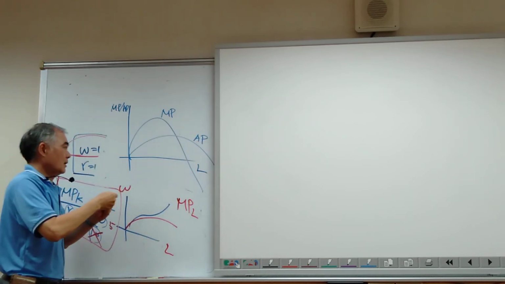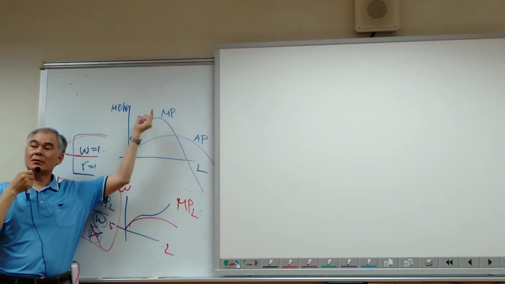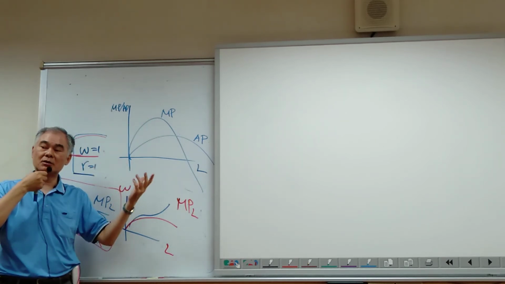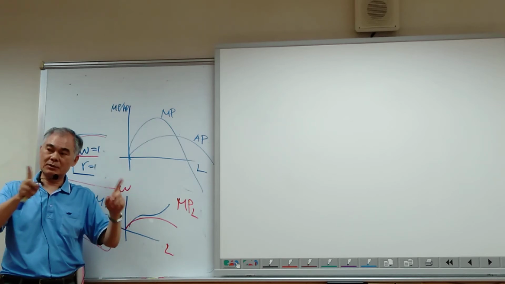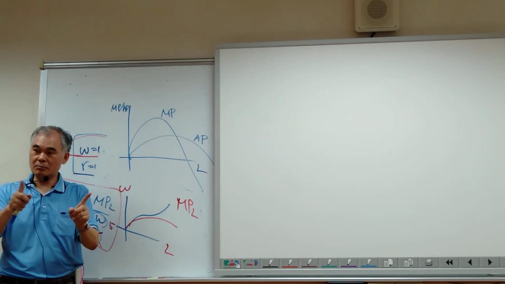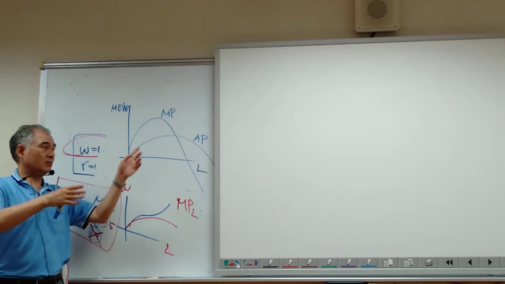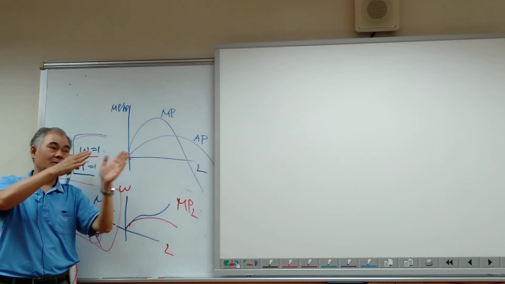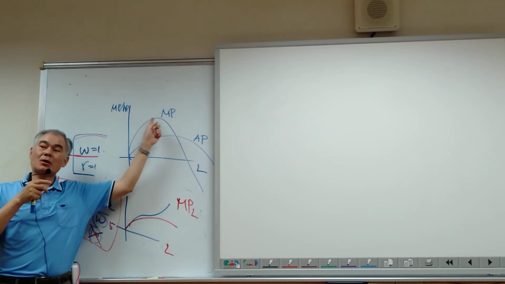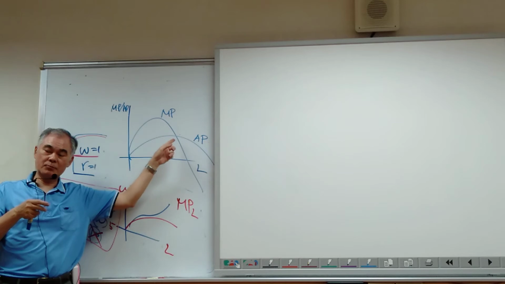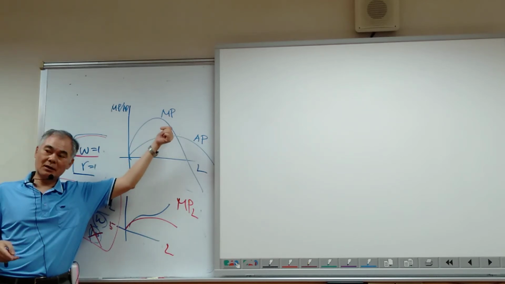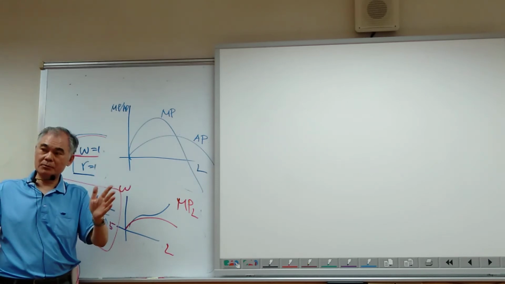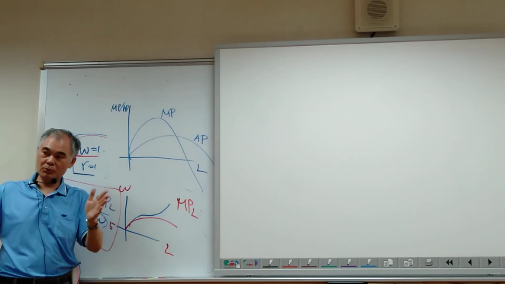At the very beginning, the marginal product is going up, but after that, it's going down. So there's a larger gap. You have to increase the amount of labor to get the same 100 units more. At the other points, 100, 200, 300, 400, the gap is smaller because the marginal product is going up. But after 500 to 600, the marginal product is going down, so you have to have more labor.